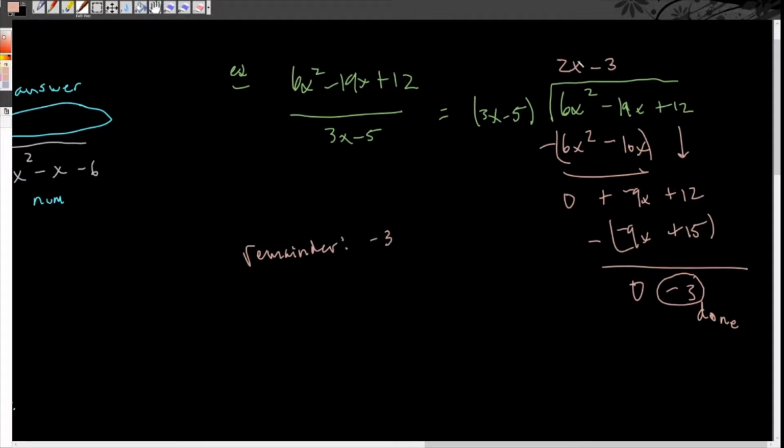And the way we will answer this is 2x minus 3, and this is actually a pretty poor example. I'm going to color code these 3's. I'll keep that color, and I'll color code the other one. The remainder is negative 3 in purple.